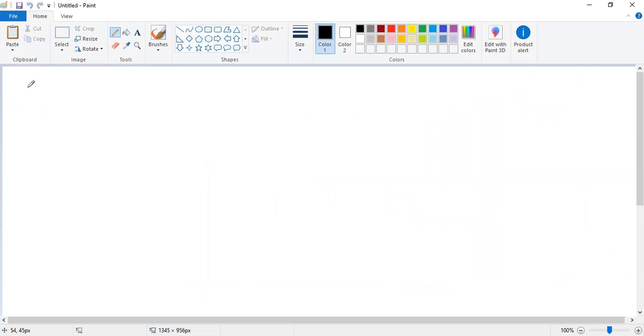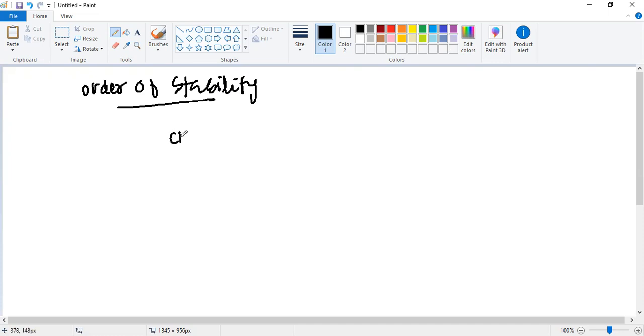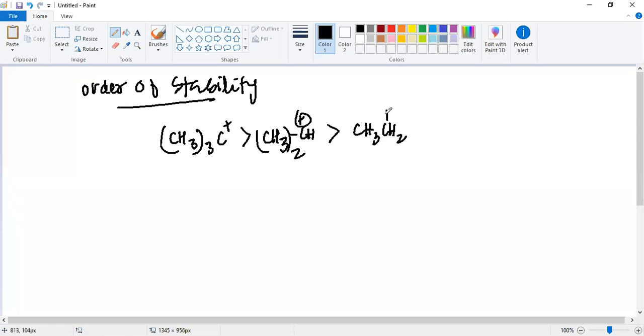So if we write the order of stability, dear students, we can write it as this: (CH3)3C plus, which is known as tertiary carbocation, is greater than (CH3)2CH plus, is greater than CH3CH2 plus, is greater than CH3 plus.